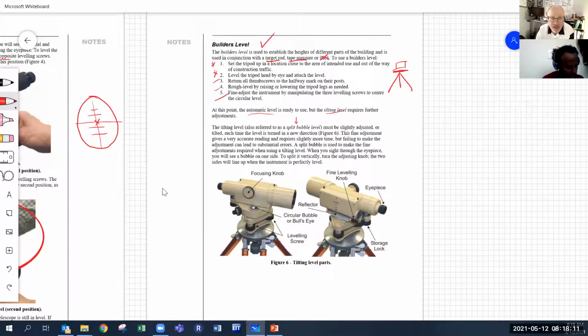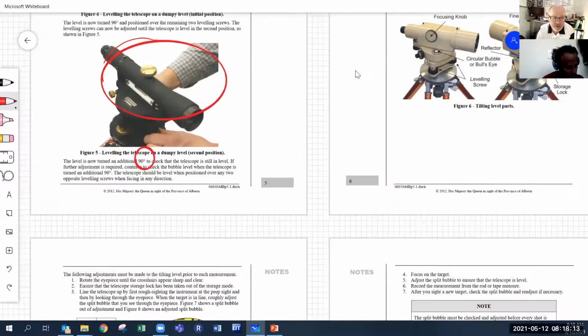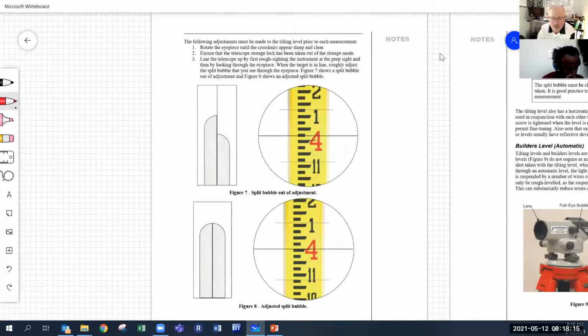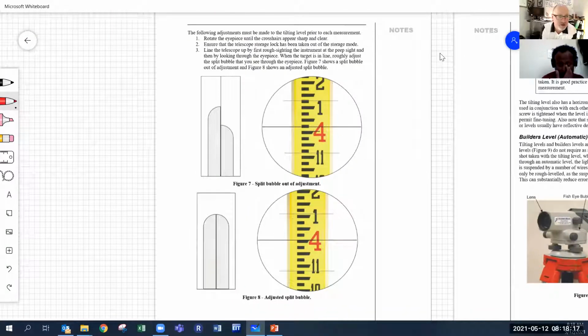When you sight through the eyepiece, you will see this bubble right here, and this bubble has to be looking like this. This is correct. This is wrong. As you can see, if you're off by this much, you're going to get a wrong reading instead of the right reading. Okay?